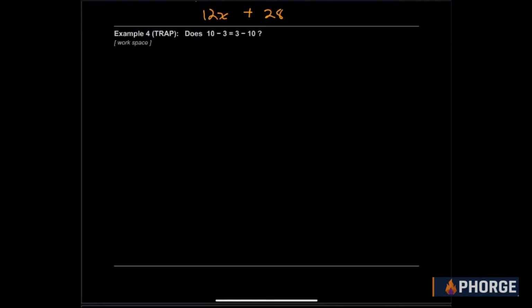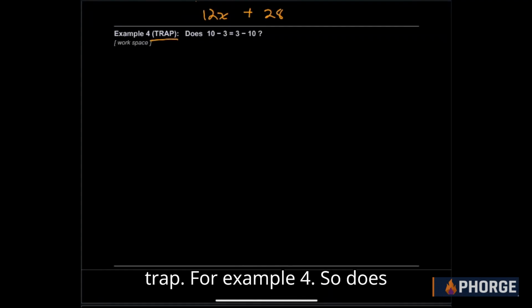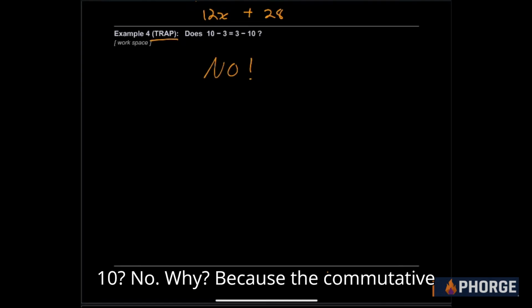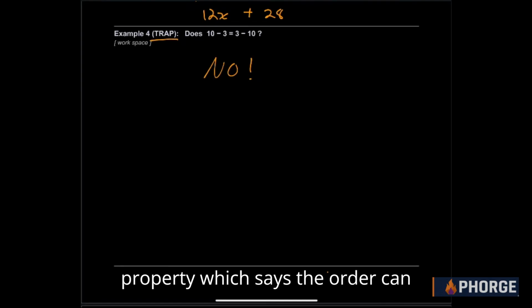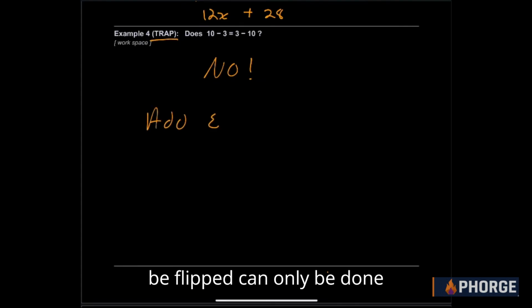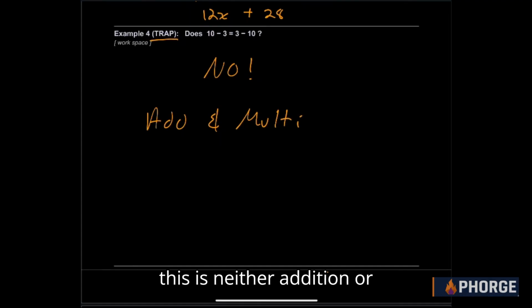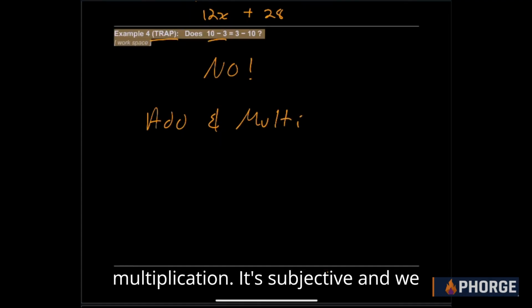Trap. Okay, so watch out for this trap for example 4. So does 10 minus 3 equal 3 minus 10? No. Why? Because the commutative property, which says the order can be flipped, can only be done for addition and multiplication. But this is neither addition nor multiplication, it's subtraction.